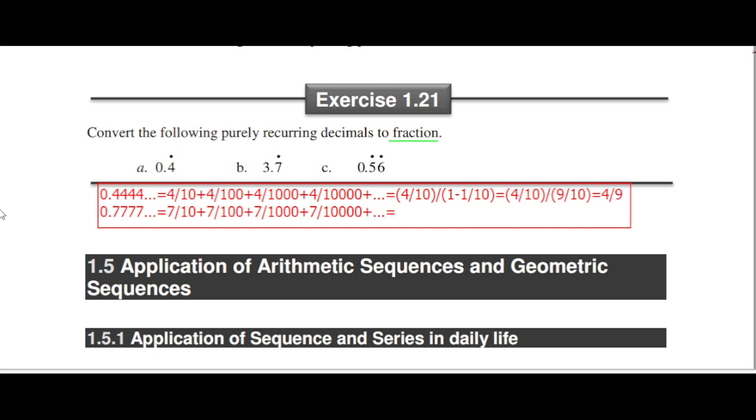Which is equal to, this is a geometric series with the first term 7 over 10, over in brackets 1 minus the common ratio, which is 1 over 10.